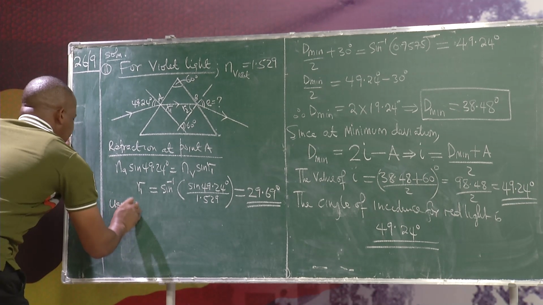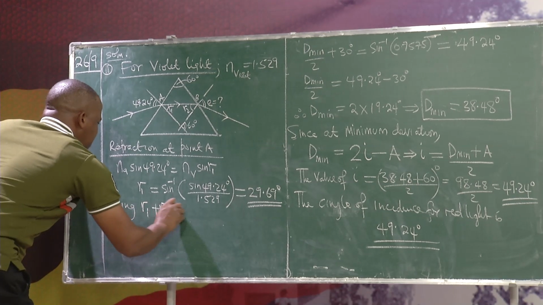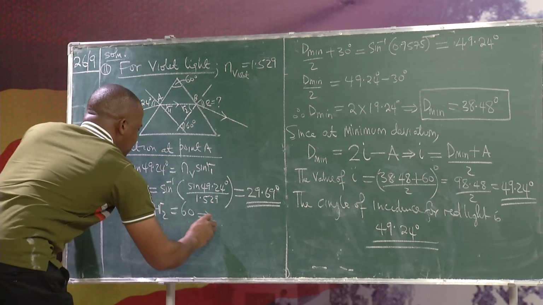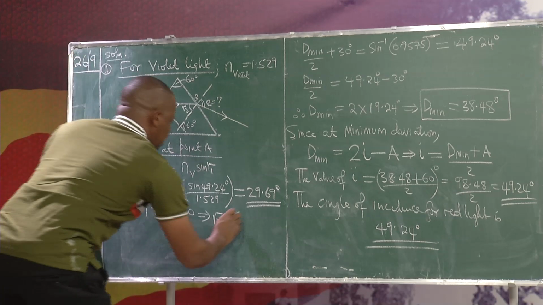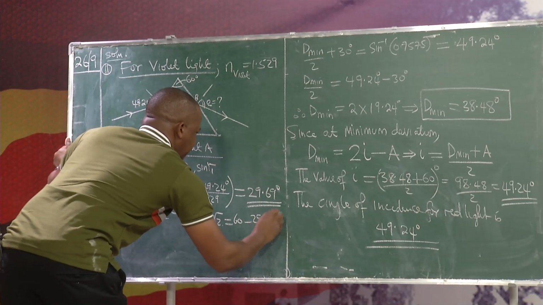Using R1 plus R2 to be equal to the refracting angle, it further implies that our R2 will be 60 minus 29.69.